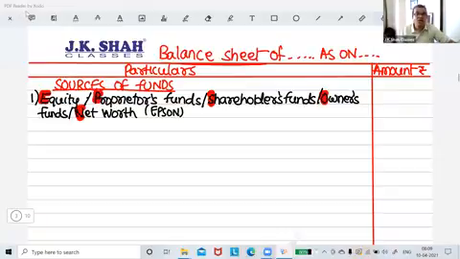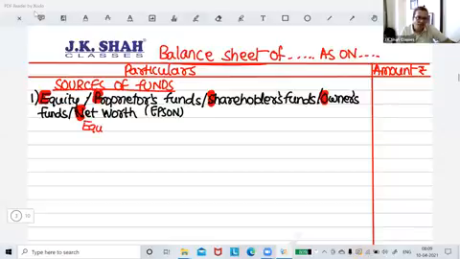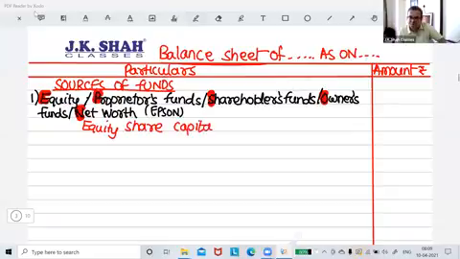So what will it include? Now the components. These are only the names, not components. Now components are yet to be written. So what will it contain? Very simple. It will contain equity share capital.